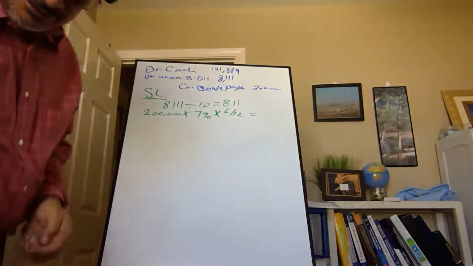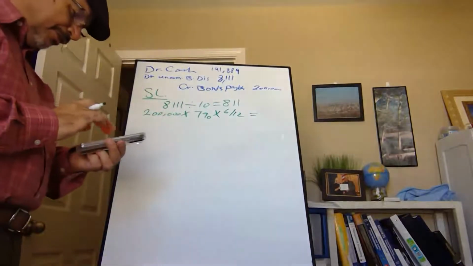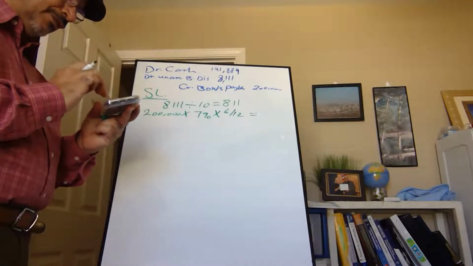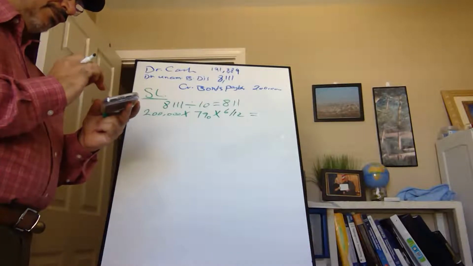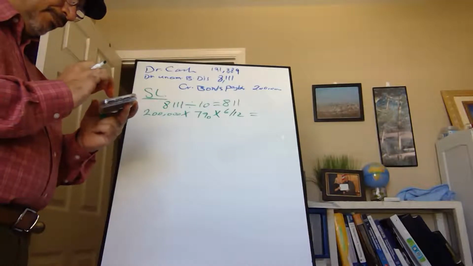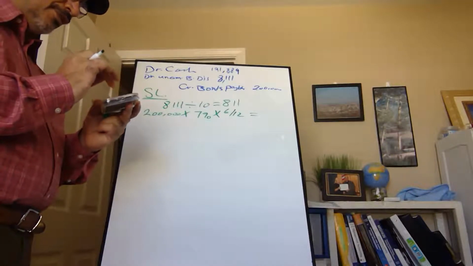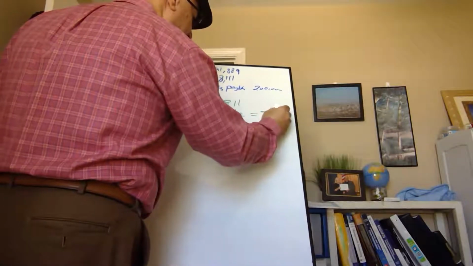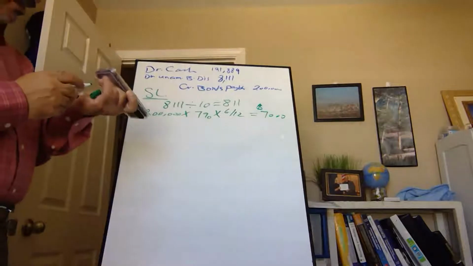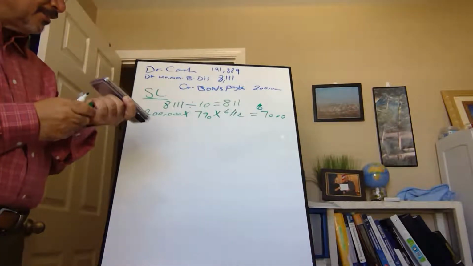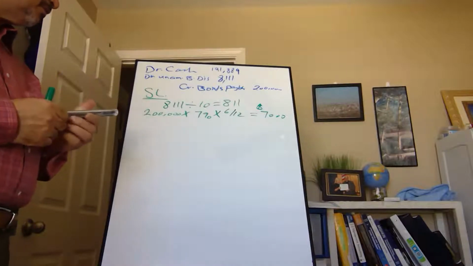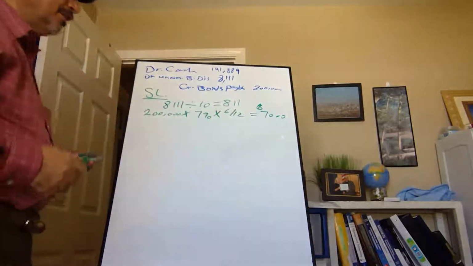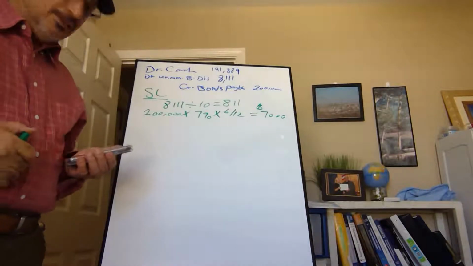And that's going to give us $7,000. So every 6 months that is the obligated interest that we have to pay the bondholders.